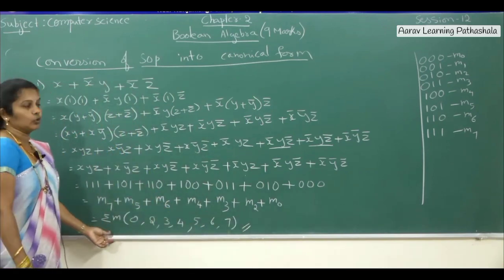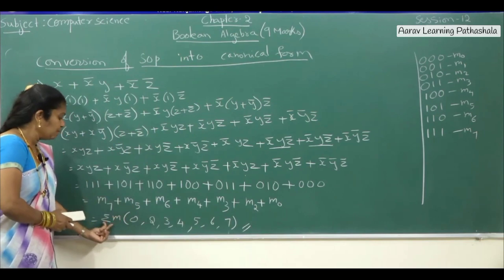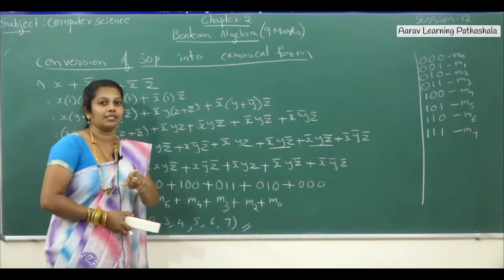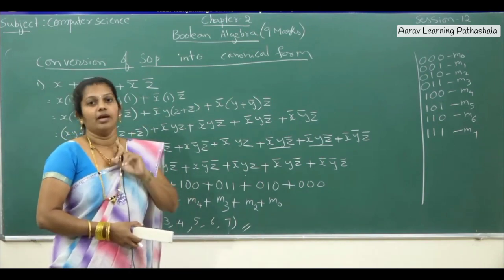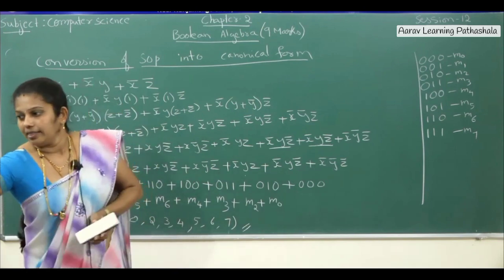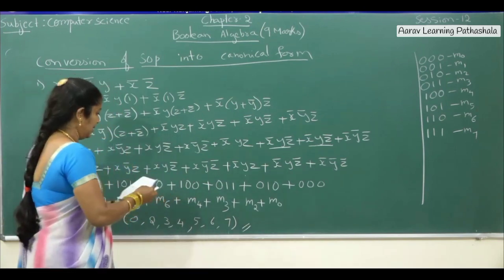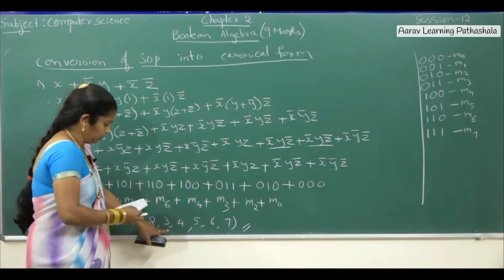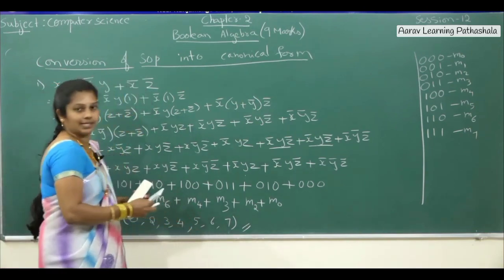Then the final canonical form of the given expression is sigma small m. Min term is always represented with small m. If it is max term, then we represent it with capital M. The final solution is sigma of m of 0, 2, 3, 4, 5, 6, 7.